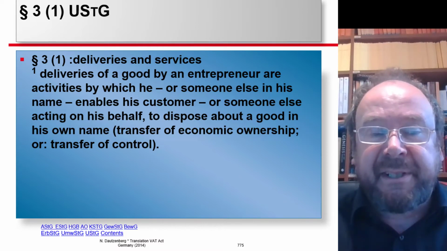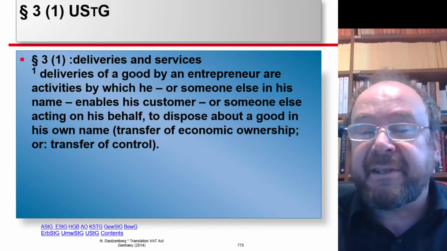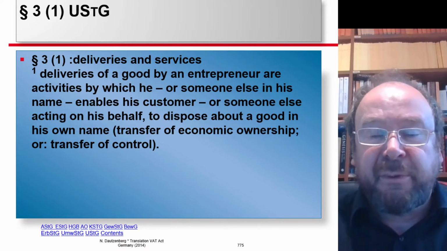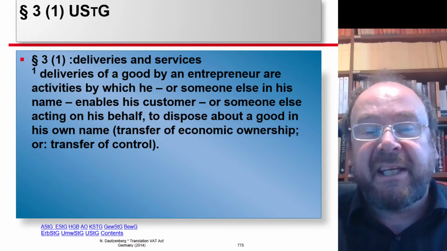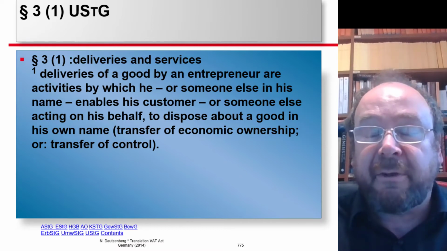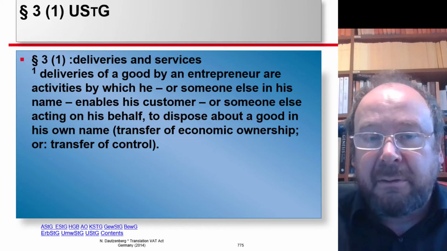Yeah, the nice definition of deliveries and services can be found in paragraph 3 of the German UStG. And 3.1 says the deliveries of a good by an entrepreneur are activities by which he or someone else in his name enables the customer or someone else acting on behalf of the customer to dispose about the good in his own name, so that what is meant is a transfer of economic ownership or transfer of control, however you call it. And this can be answered with a clear yes.